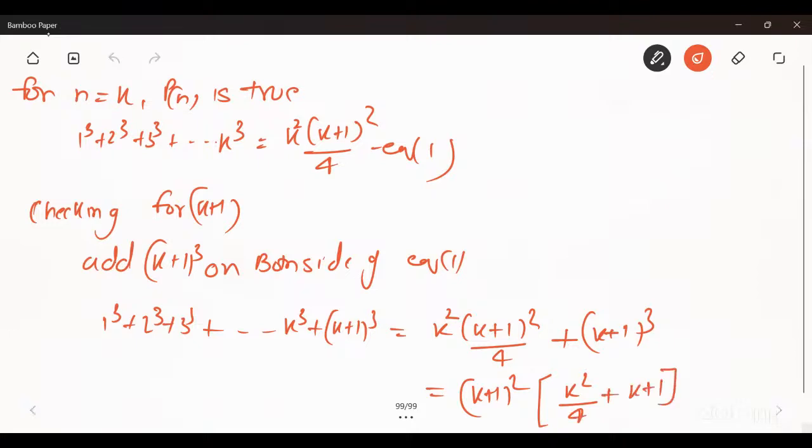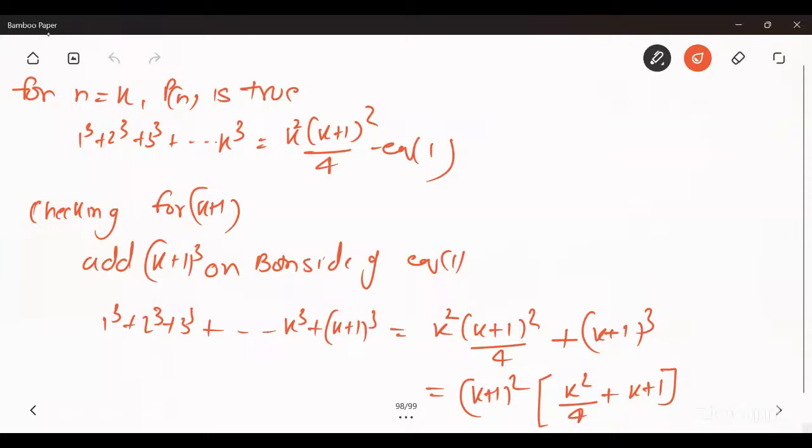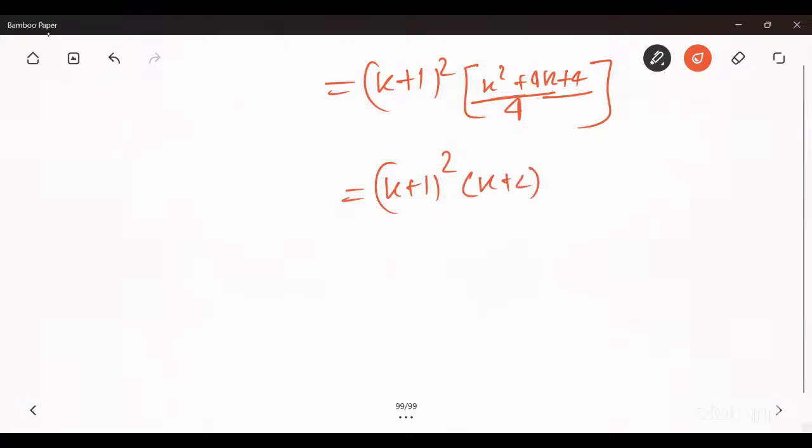Now take the LCM as 4. So k square plus 4k plus 4, which becomes the formula of k plus 2 whole square. So k plus 1 whole square into k plus 2 whole square by 4.